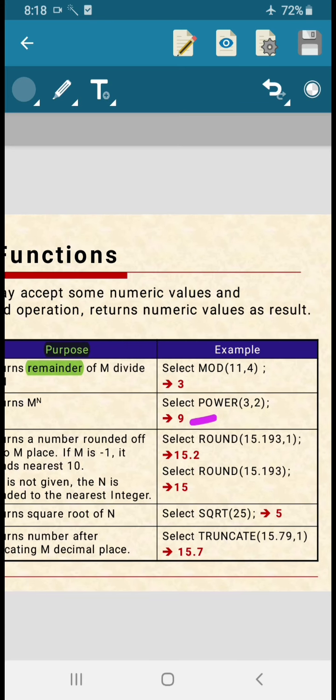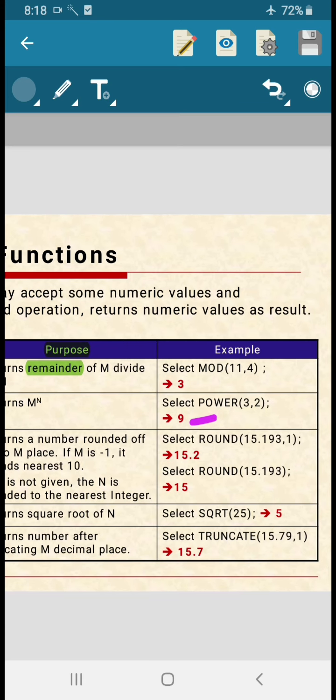Select round 15.193 comma 1. These are the decimal points in this example.